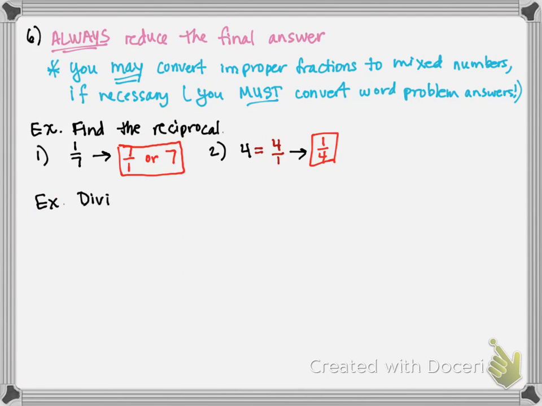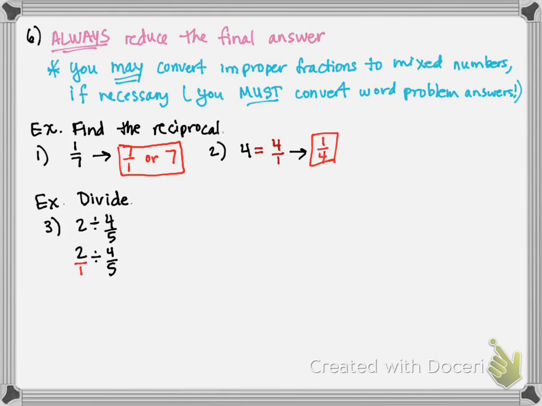All right, let's do 2 practice problems, and then you are set. Directions on these are going to say divide. So we have 2 divided by 4/5. So let's review the rules. Number 1, do I have 2 fractions? The answer is no. So I'm going to go ahead and create a fraction from my whole number by giving it a denominator of 1. Okay, so that's step 1.